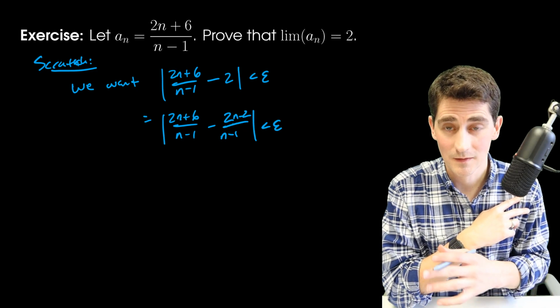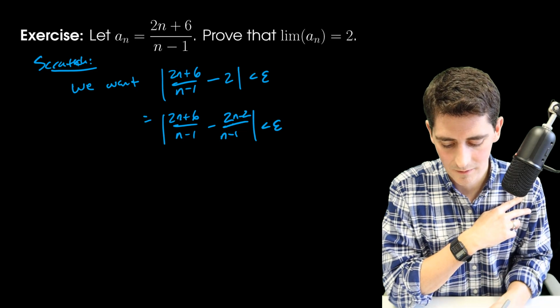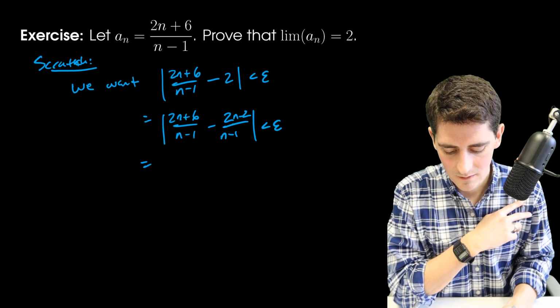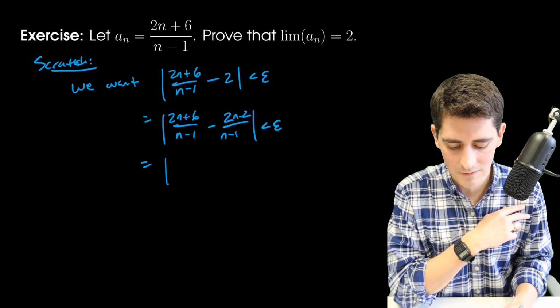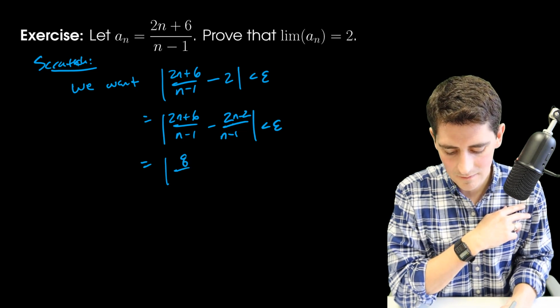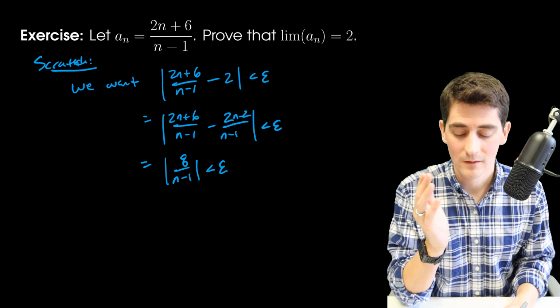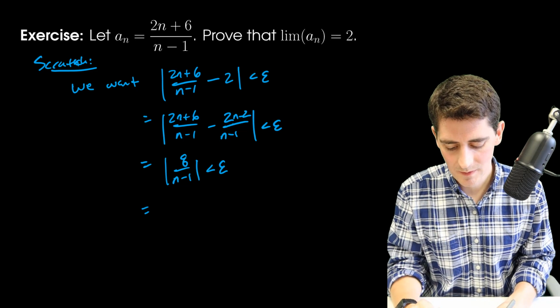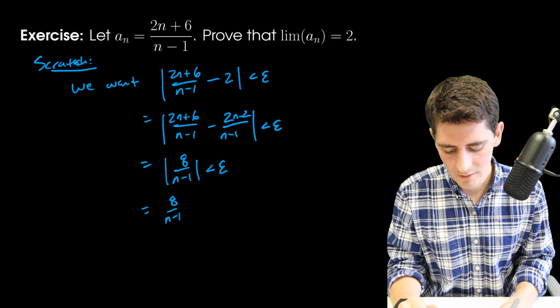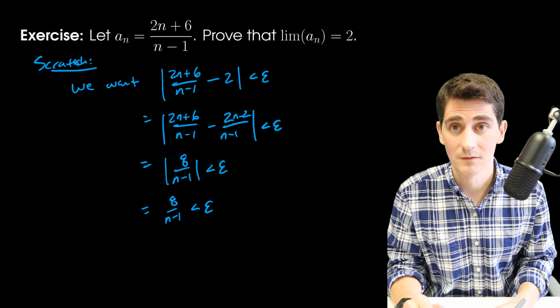I didn't affect the inequality at all, I just got a common denominator. If I bring that together, the 2n's subtract out, and I have 6 minus negative 2, so I have 8 over n minus 1 is less than epsilon. Now, 8 is positive and n minus 1 will be positive.